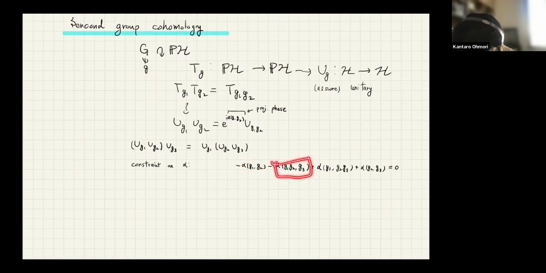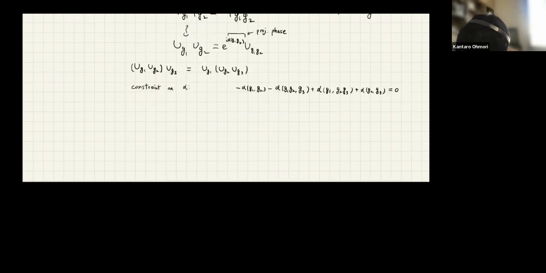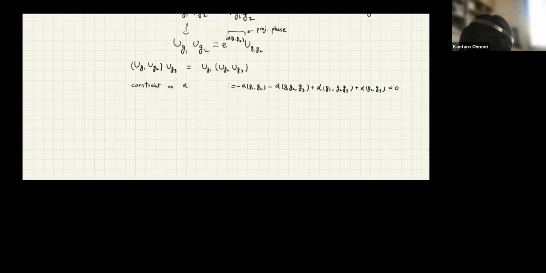This comes from this multiplication, this comes from this multiplication, and this comes from this multiplication. Let me define this thing to be delta 3 of alpha(G1, G2, G3).